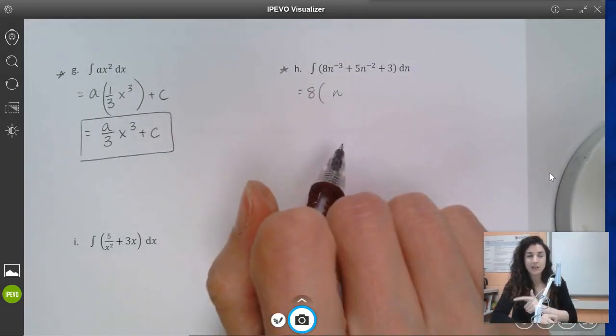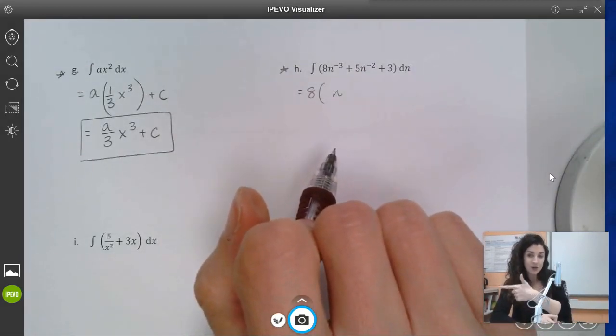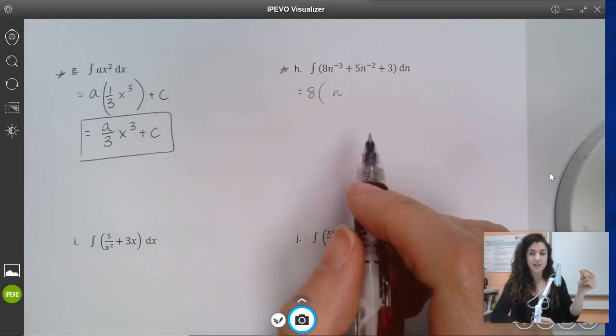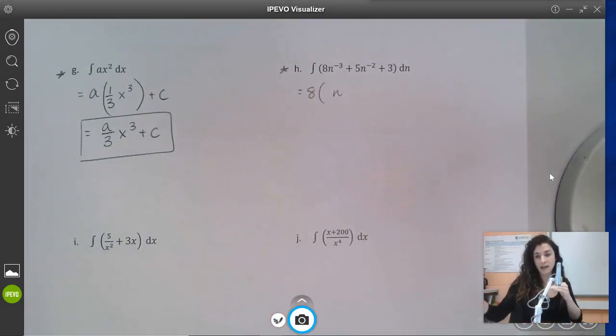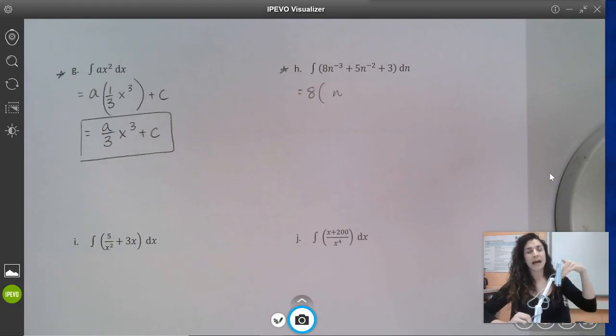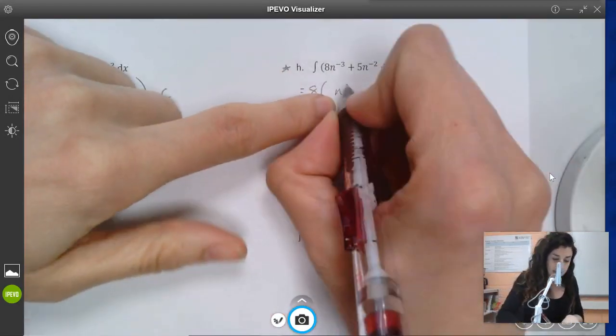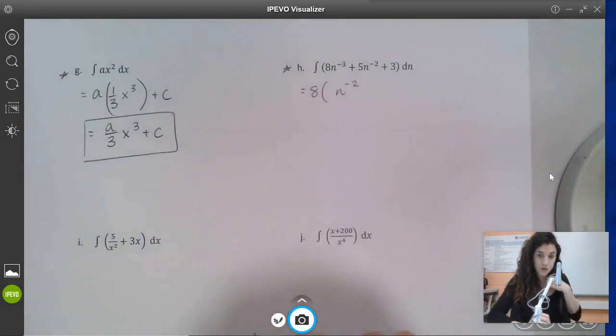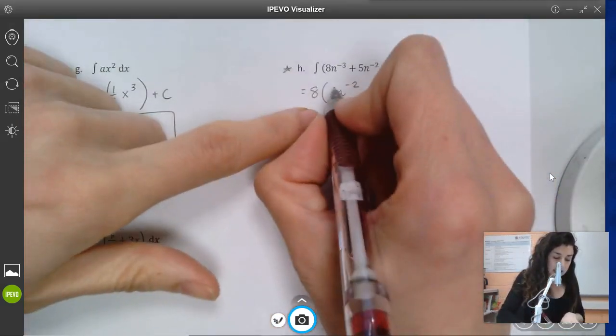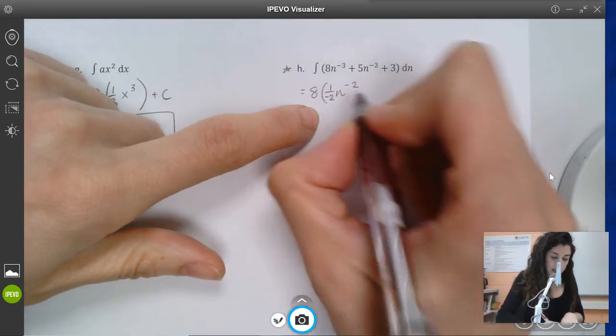So negative 3 plus 1 is going to become negative 2. I know a lot of our instincts are now like, oh, negative 4, boom, next, right? So just remember that if I'm finding the integral, I'm adding 1. And so with negatives, that means that this is going to become negative 2, which means that I divide by negative 2.